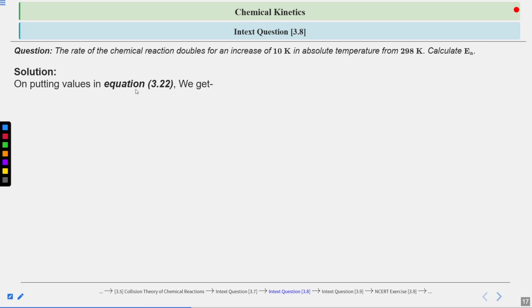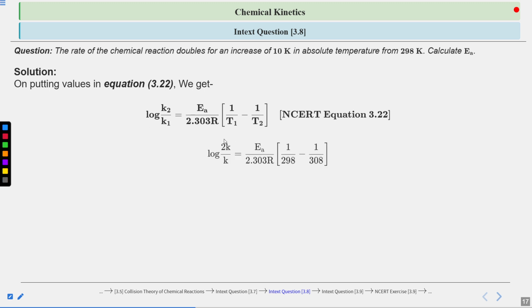So on putting the values in equation 3.22, which we just have seen, we get log of K2 by K1. Now when you put the given values in this, you will get log of 2K by K is equal to EA upon 2.303 R multiplied by (1 upon T1, T1 is 298, minus 1 upon T2, T2 is 308), because after a 10 degree increase, the temperature will become 298 to 308.